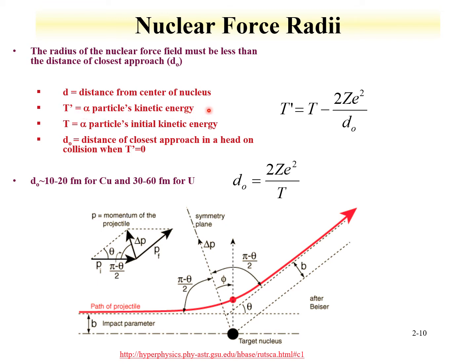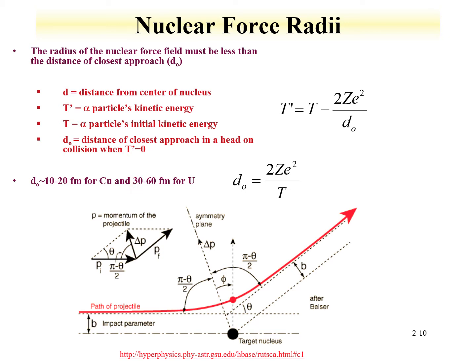I've got the particle's kinetic energy after the interaction, the particle's kinetic energy before the interaction. And for this distance, I actually want to get the distance of closest approach, which is head-on, and it's a collision. So when the particle's kinetic energy afterwards is equal to 0.